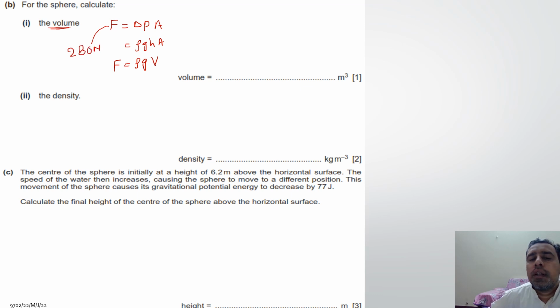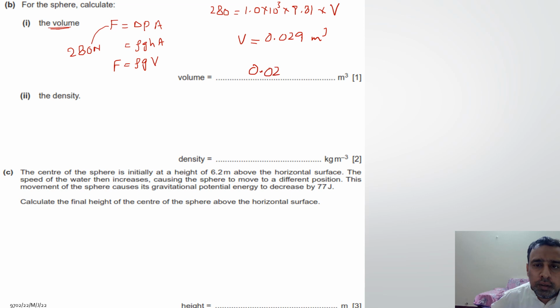So by substituting the values, 280 Newton is equal to the density of the water, because this pressure is because of the water, which is given as 1 into 10 to the power 3, times 9.81, and V, the volume, is the subject. By substituting all these values in the calculator, the volume is 0.029 meter cube. This is the volume.